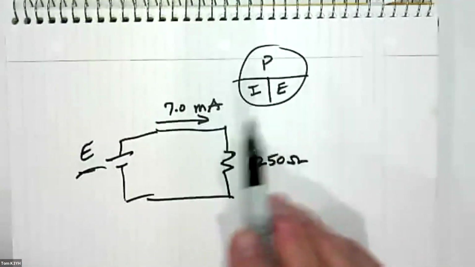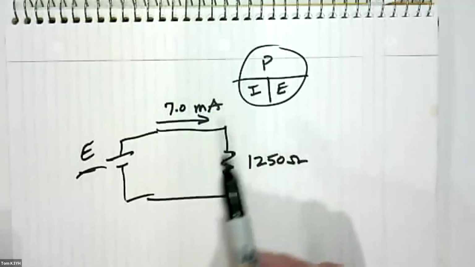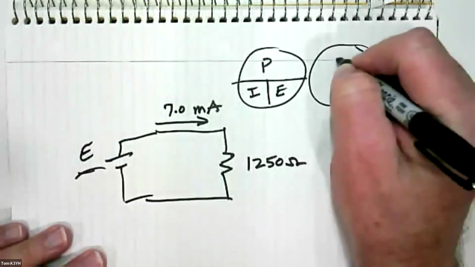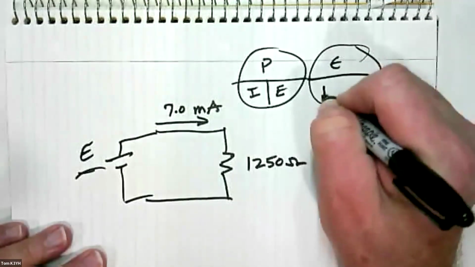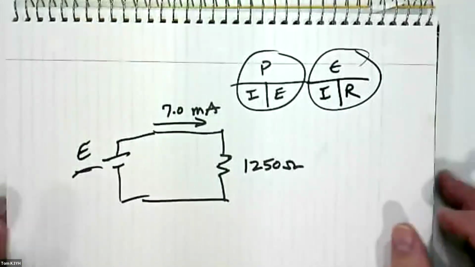Now, if you look at the book, they'll tell you that the power in this particular circuit is E squared divided by R. Well, how do you know that? Well, you need your other chart here. You need the EIR circle, second magic circle.